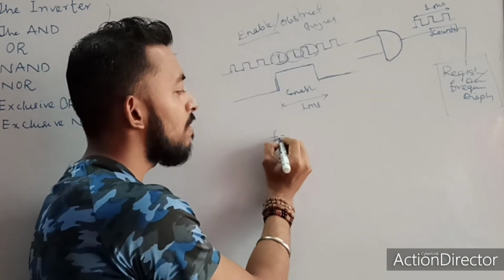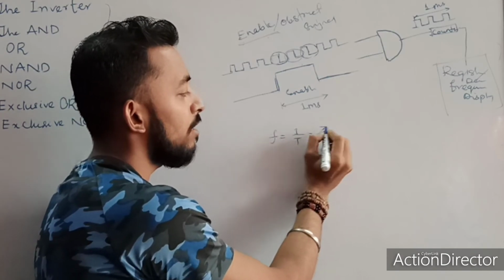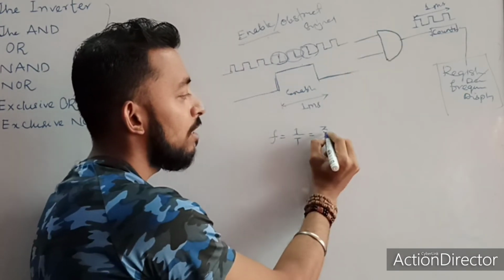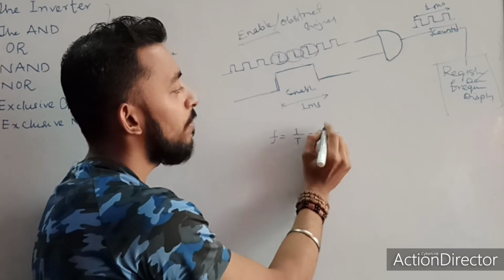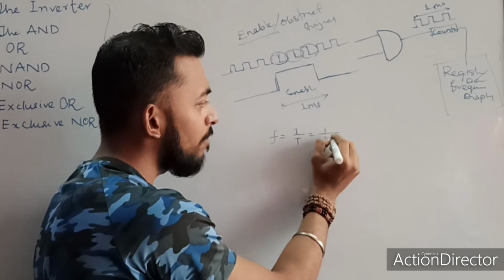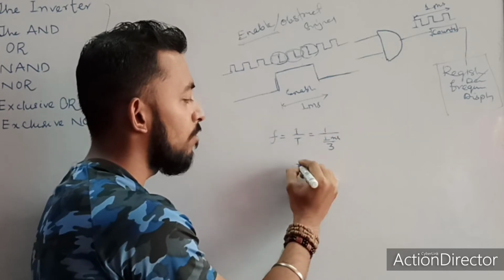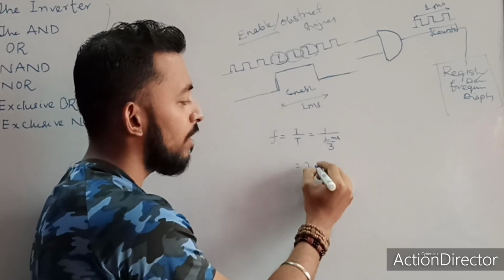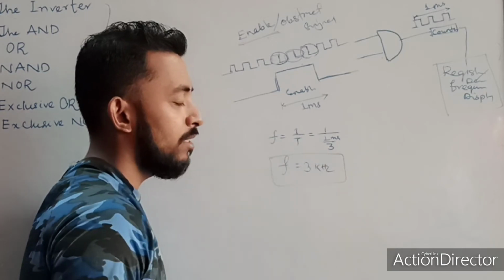Then what will be the frequency? Frequency is 1 by time period. There are 3 pulses at 1 millisecond passing. So 3 moves to the top and 1 millisecond becomes kilohertz. It will give me a frequency of 3 kilohertz.